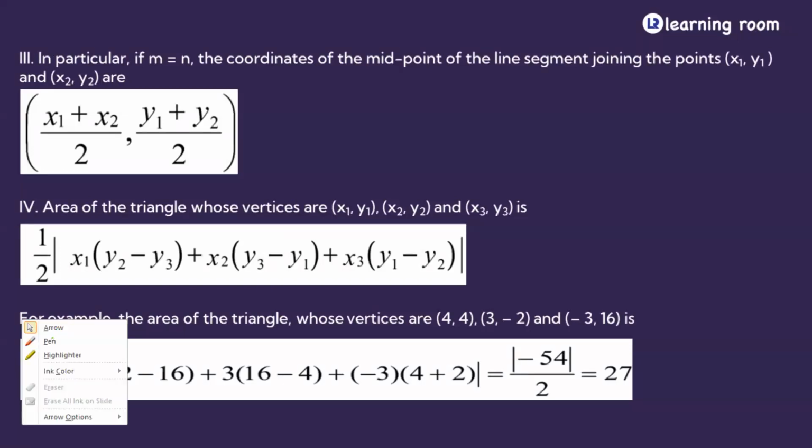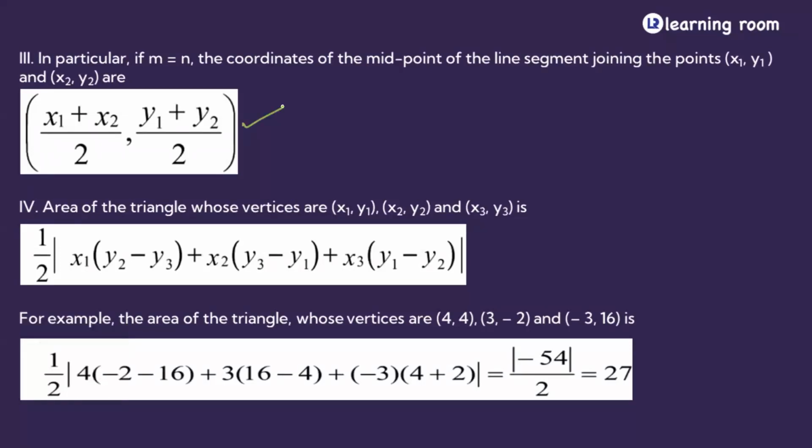Makes sense? Right. And the fourth formula is, if there are 3 vertices given in terms of the coordinates, how will you find the area of it? It is half into modulus of, you'll start with x1 and you'll go in a cyclic pattern.